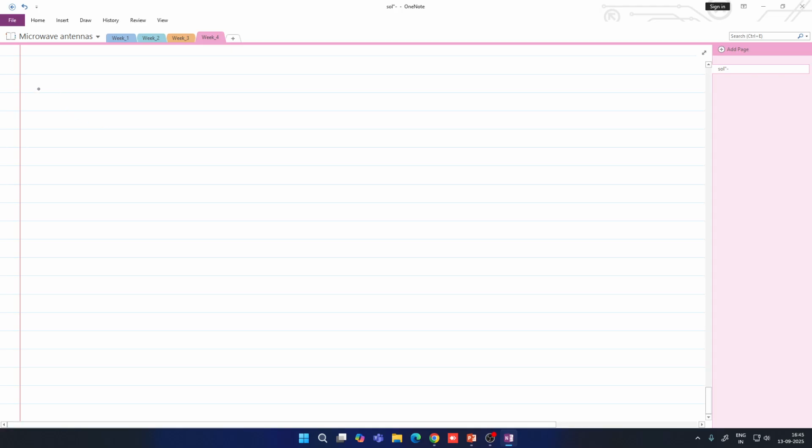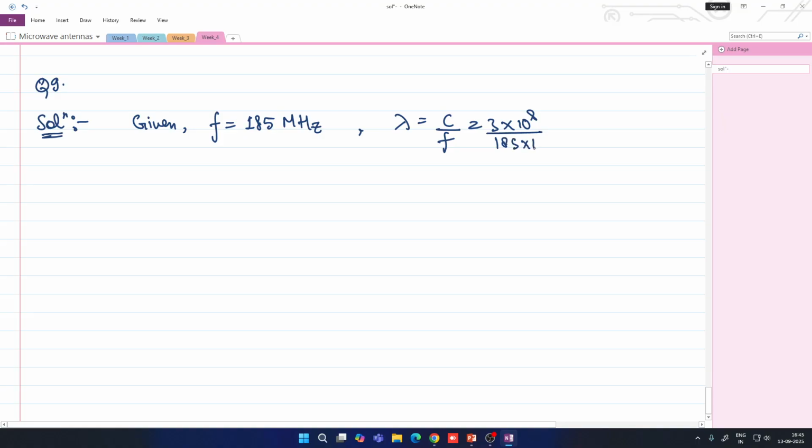Now we are solving question number 9. It's given that our desired operating frequency is 185 megahertz. So we can calculate lambda, which is c by f, 3 into 10 to the power 8 divided by 185 into 10 to the power 6. So the wavelength comes out to be 60 by 37, approximately 1.62 meters. Again I am going to directly use the formula here for the 3 lengths.